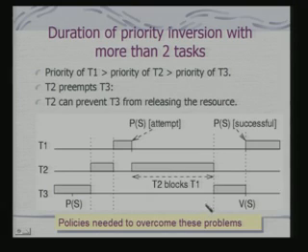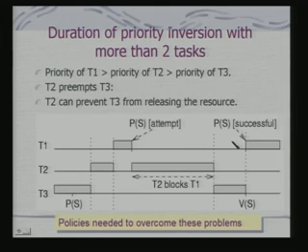So, what it appears is that when there is a mix of such processes, that inversion period can be even more than that of the critical section. Because here T2, since it has got a higher priority than that of T3 and since it does not require the resource, gets scheduled, and T3's critical section period gets stretched because it is not getting the CPU. So, effectively T1, which is having the highest priority, gets blocked for a longer period of time.